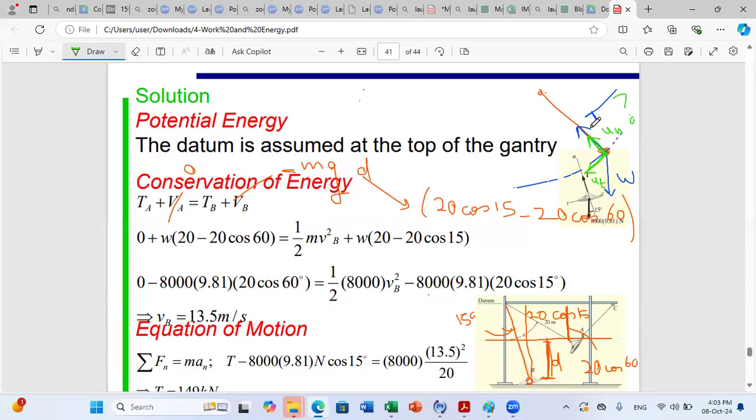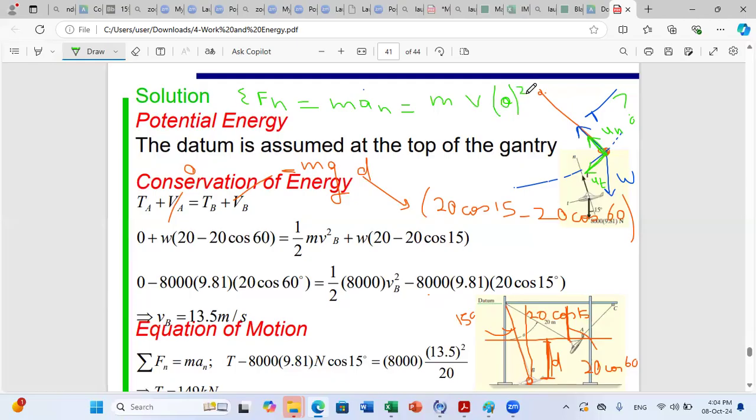Since this tension is along UN, all I have to do is write sum of Fn equals m an, equals mv square. Of course, the velocity varies with theta, because as I move downward the velocity will increase, so it is a certain function of theta.